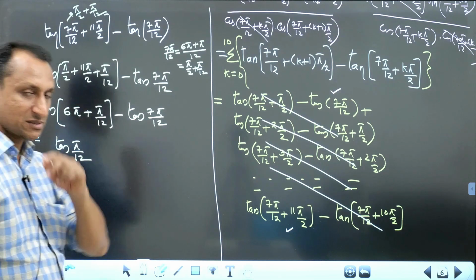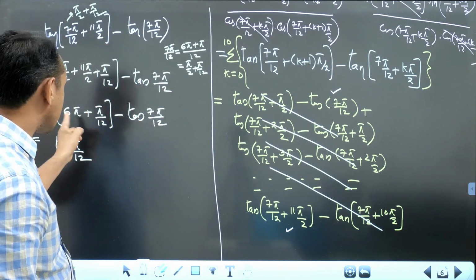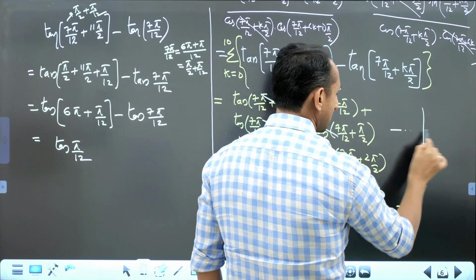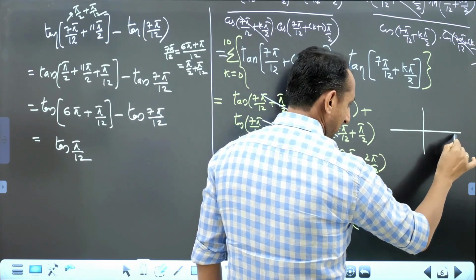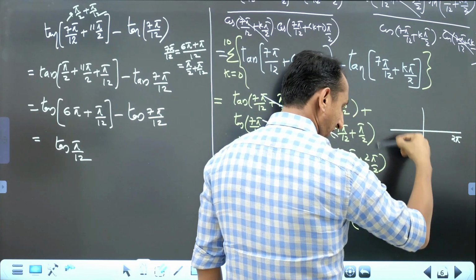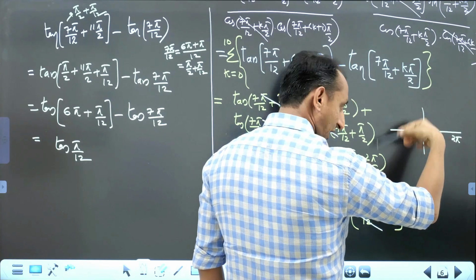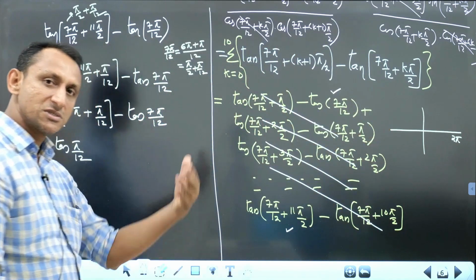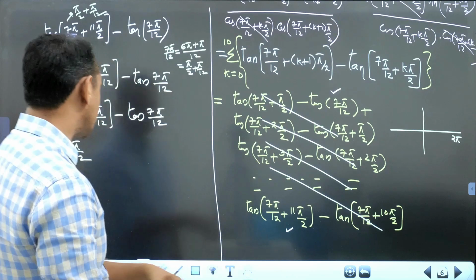Am I correct? 6π plus π/12: see, this becomes 2π, again 4π, again 6π plus π/12. That's one. First quadrant, it is positive.